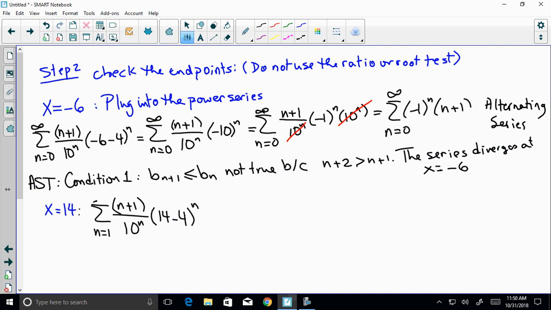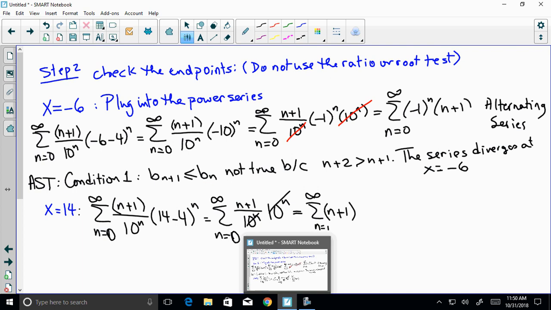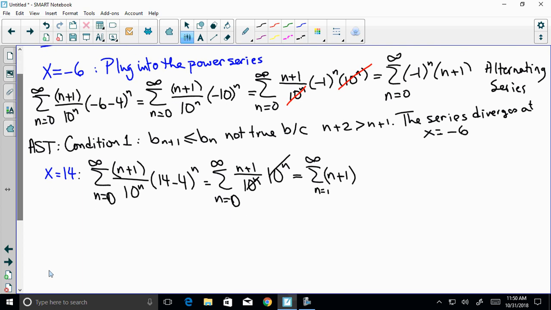And here we get sigma n plus 1 over 10 to the n, 14 minus 4 is 10, times 10 to the n. The 10 to the n's cancel, and we get sigma n plus 1. And this is a positive term series, and I'm going to do the nth term test. So I'm going to take the limit of n plus 1 as n goes to infinity, and that gives me infinity.